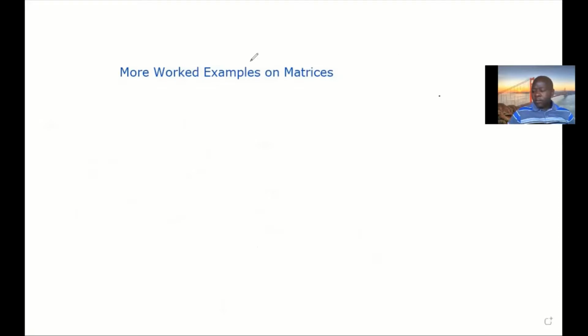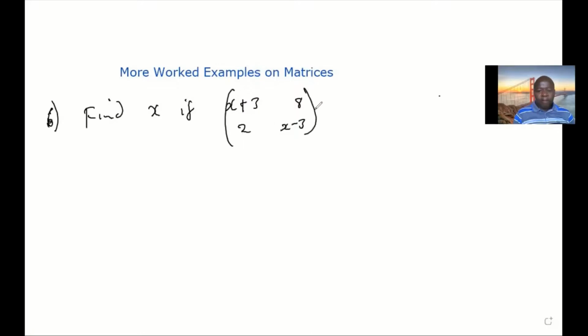Now let's look at an example. That should be example 6. Find x if the matrix x plus 3, 8, 2, x minus 3 is singular. This is easy.